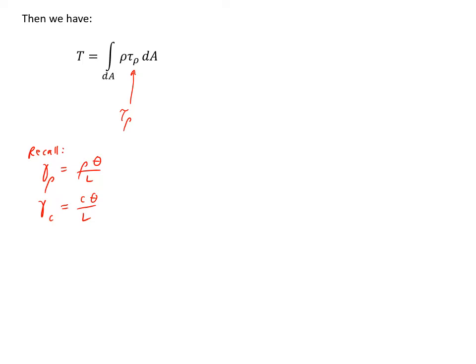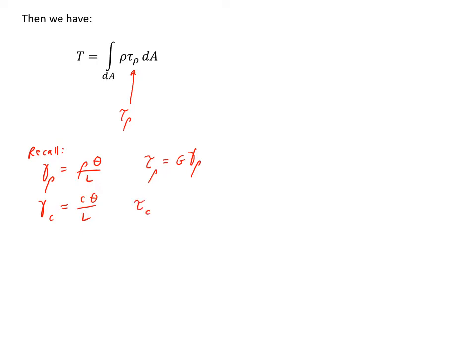And we can make a relationship there, or I should say we can combine a couple of things here. Also recall the shear stress at the outer. Well, actually, let's not write it that way. Let's write the shear stress at a position rho is going to be equal to the shear modulus times the shear strain at a position rho.